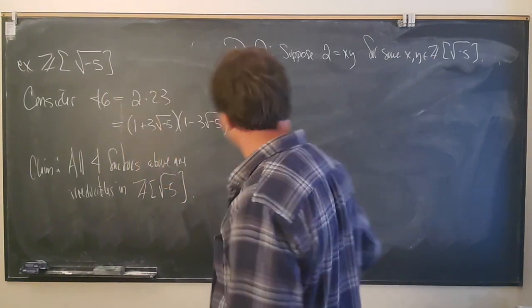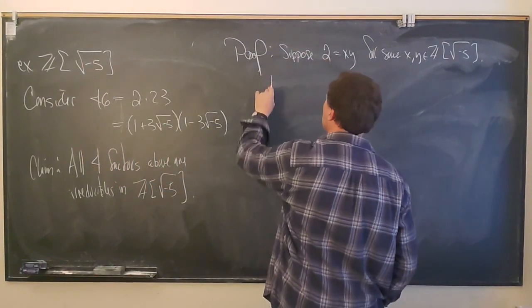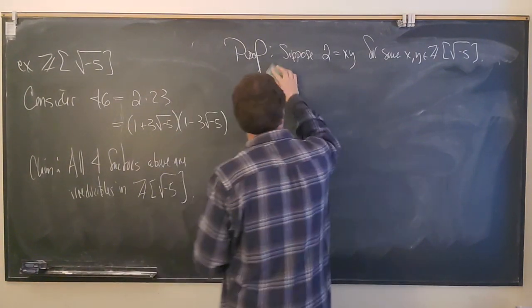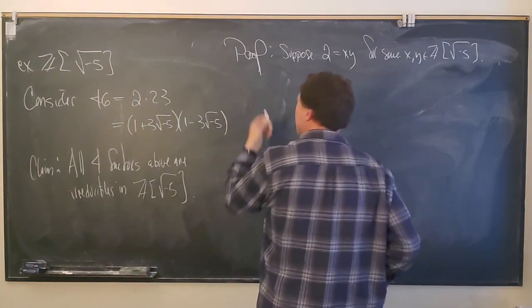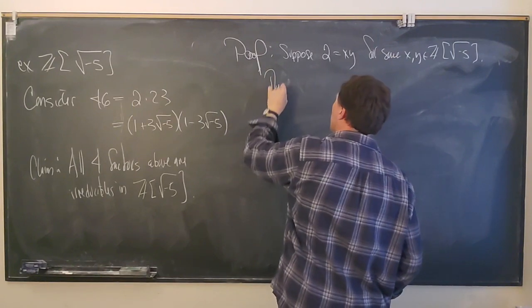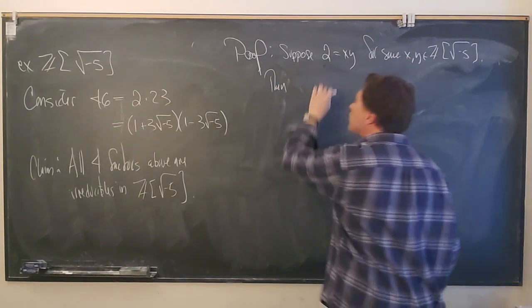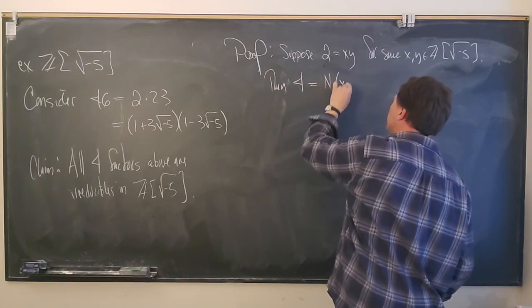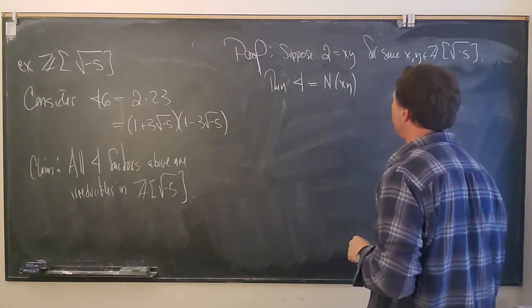Now, okay, so then I'm going to take the norm. So the norm of 2 is 4. That's equal to the norm of x times y.